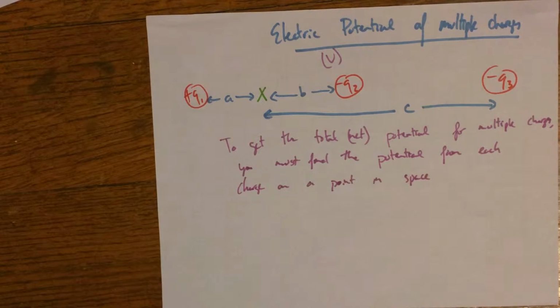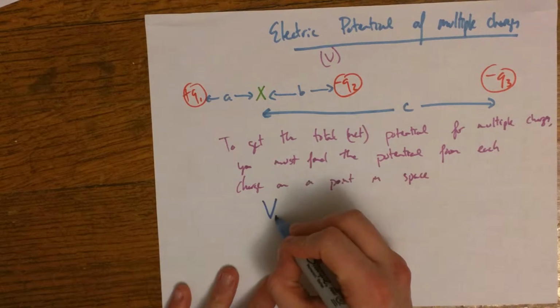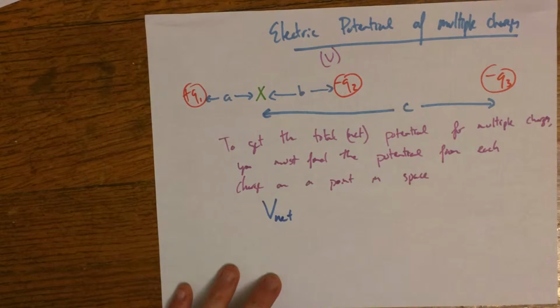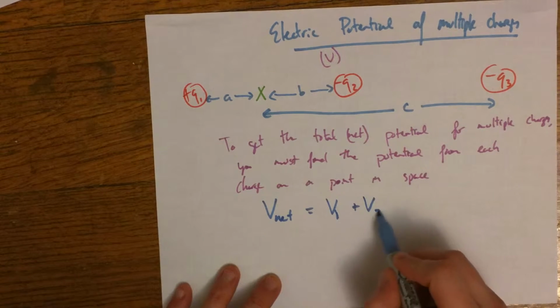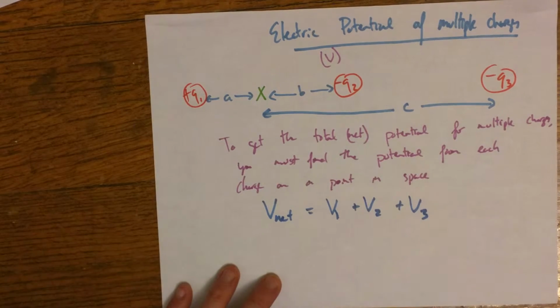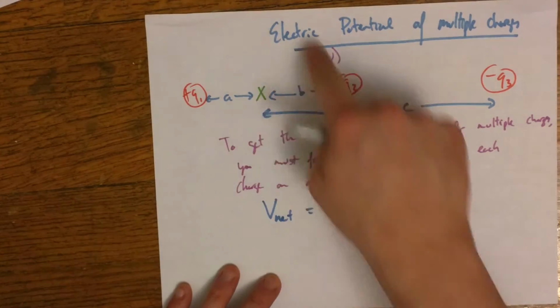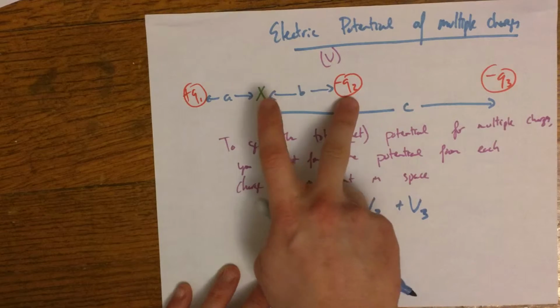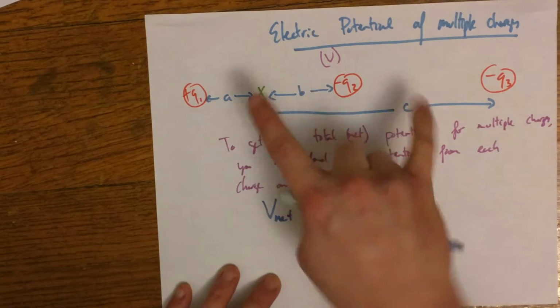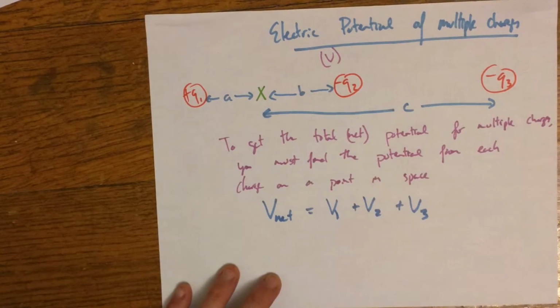Which means, algebraically, that the net potential is equal to each individual potential. So the net potential is the potential from this charge, and this charge, and that charge on that point in space.